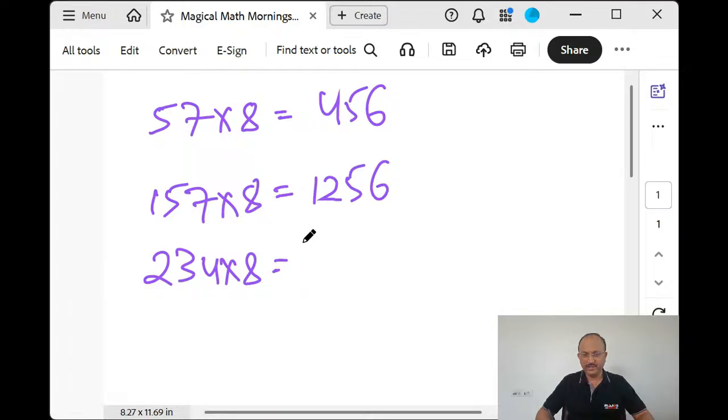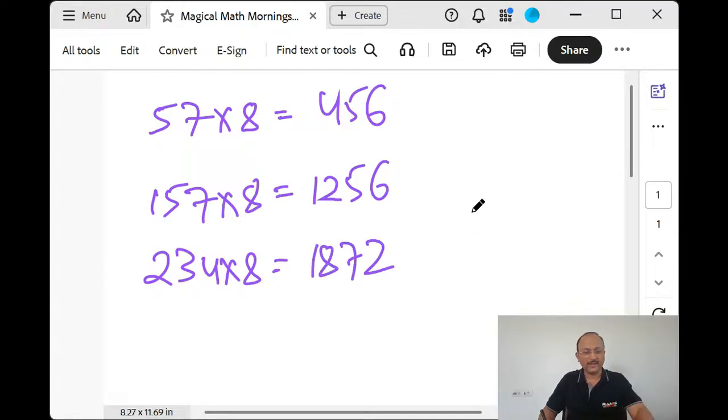You continue with the habit of just doubling any number that you get in your practice. Very good. This is 1872. 234 doubled is 468. Correct? And 936. So automatically we come to 1872.